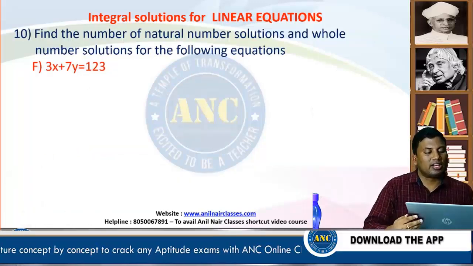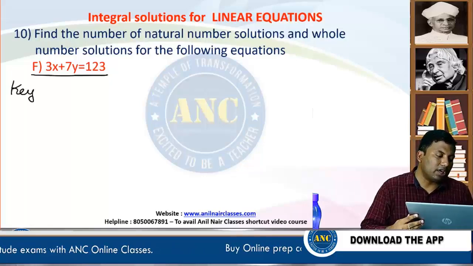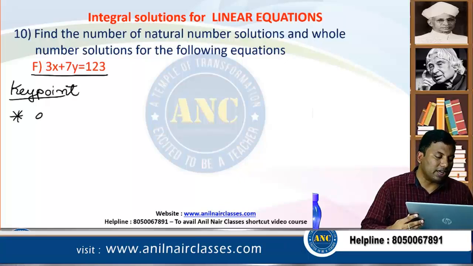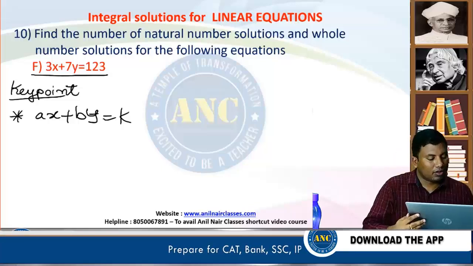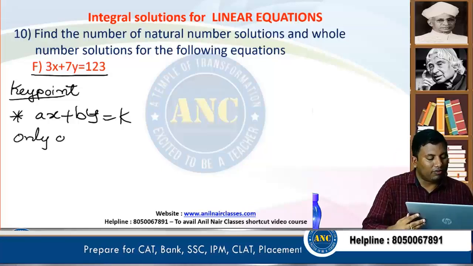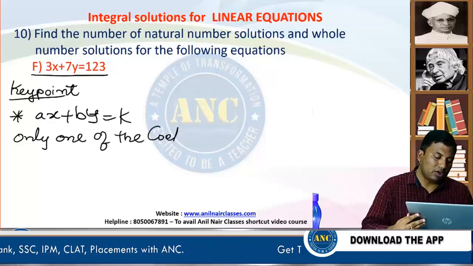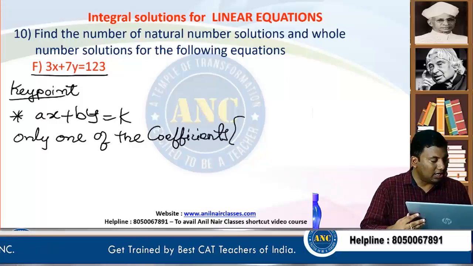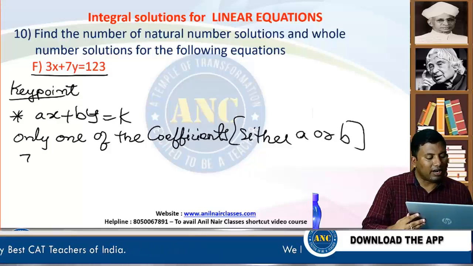10th one: 3x plus 7y equivalent to 123. Again, first write down the key point. The concept which I am explaining right now is ax plus by equivalent to k, where only one of the coefficients, either A or B, is a factor of the right hand side.